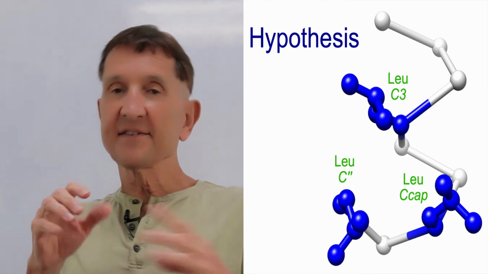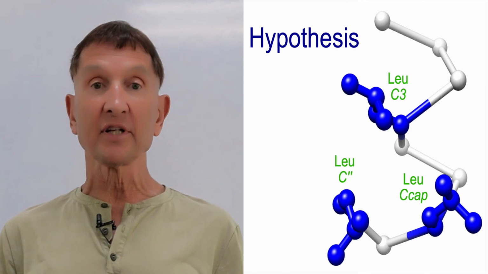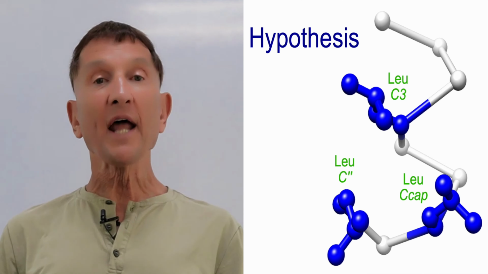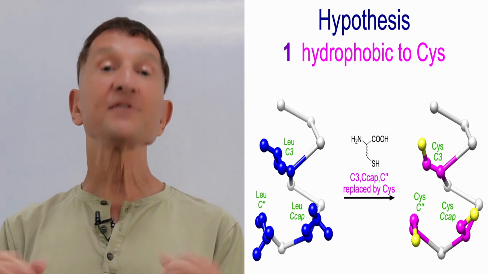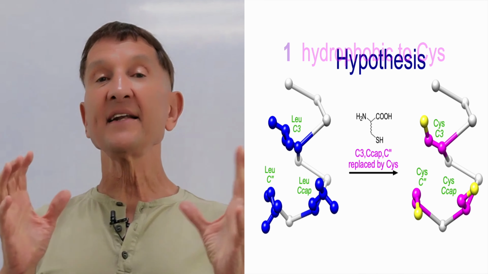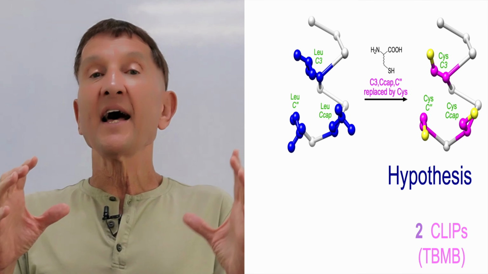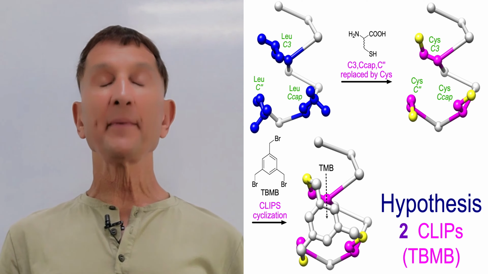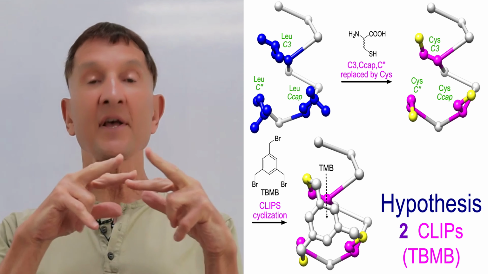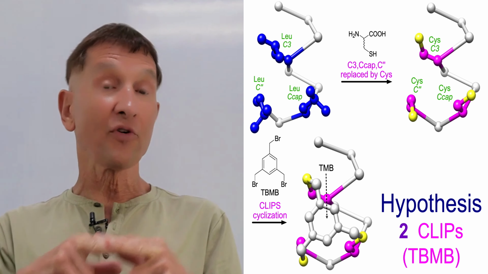If leucines and other hydrophobics are the most prevalent at these positions, what would happen if we take them out, substitute them with cysteine residues, and then cap in a Clips reaction with this symmetrical tribenzyl bromide? In that case, the benzene rings would mimic the three leucine residues coming together to form a hydrophobic triangle.